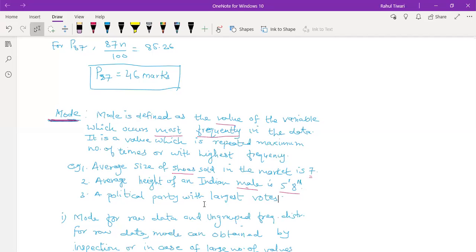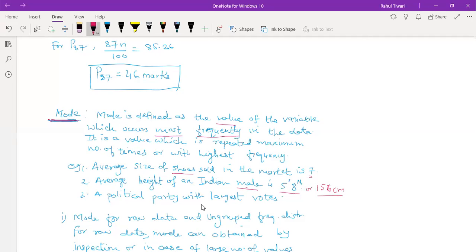Yes, students, can you hear me? Yes, sir. So what I was saying: when you see the height of Indian people and calculate their average height, it is approximately 5 feet 8 inches, which is approximately 152 centimeters.